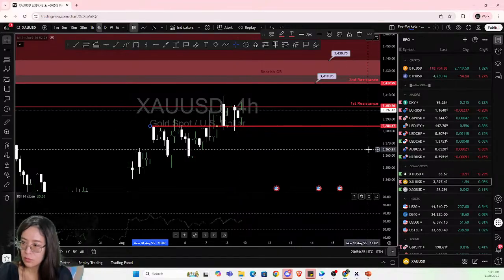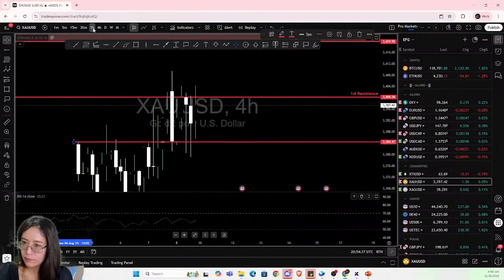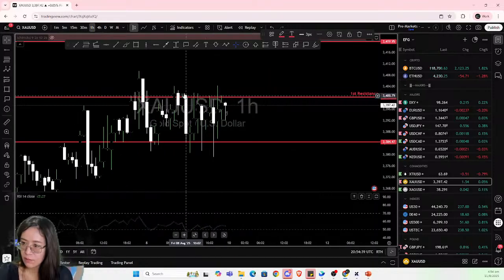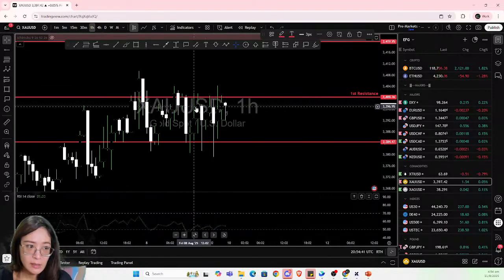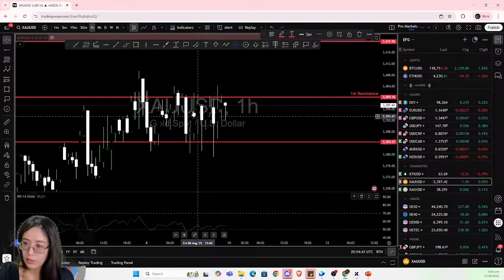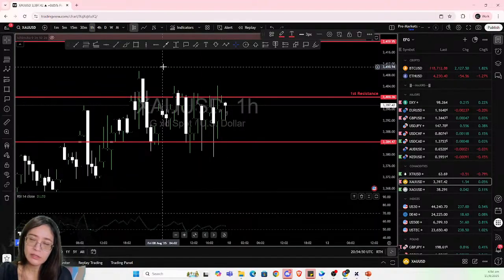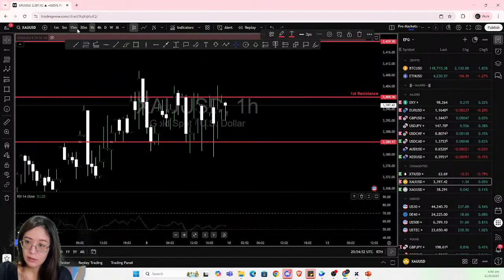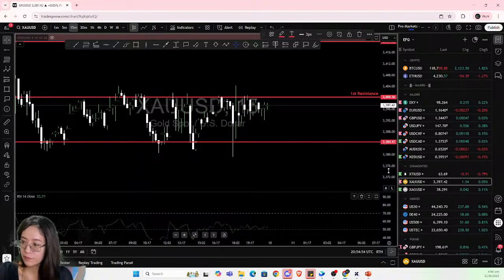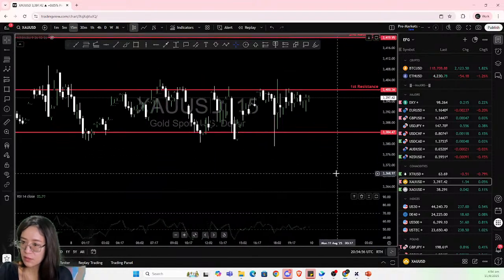If you go to the lower time frame or H1, you will see that in H1 the price is just sideways. You can see the rejection, the sideways. I think this one should be Friday. You go to M15, even it's like a killer.